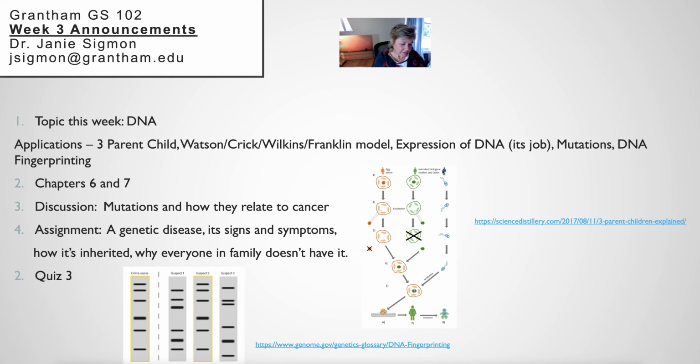And the proteins determine all the biochemistry that happens in the cell. So all those proteins are what's so important and what determines the identity of any cell and therefore any organism. So the expression of DNA is actually its job, and you have a whole chapter on expression.